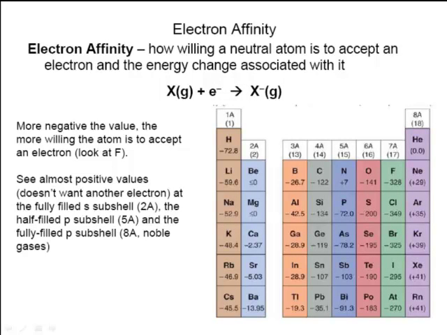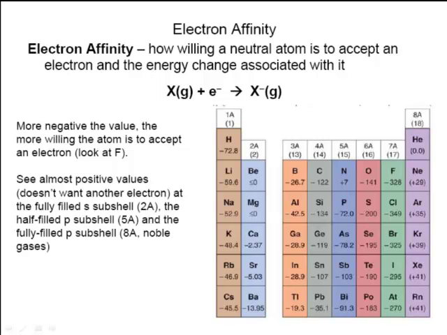As we go down a group, you can see those values in general get more positive. In other words, the electron affinity decreases as we go down a group. It gets harder and harder to put that extra electron onto a larger atom. Why? Well, same reason it was easier to pull an electron off. We've got more electrons in a larger atom, with a larger radius.